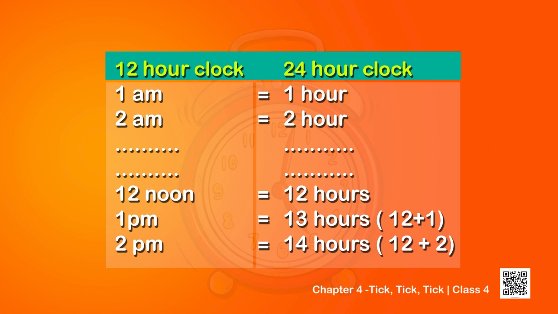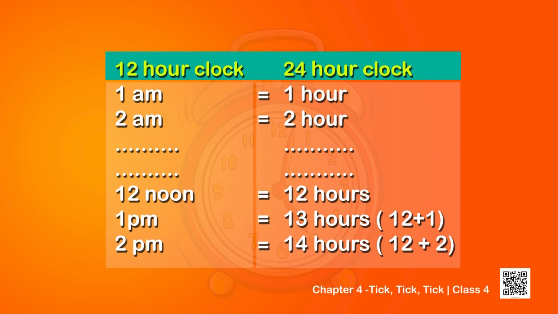Then 2 o'clock or 2 PM in 12-hour clock will be, correct, 14 hours. What did we do? 12 plus 2, 14 hours in 24-hour clock. It goes on. So, what can we do?